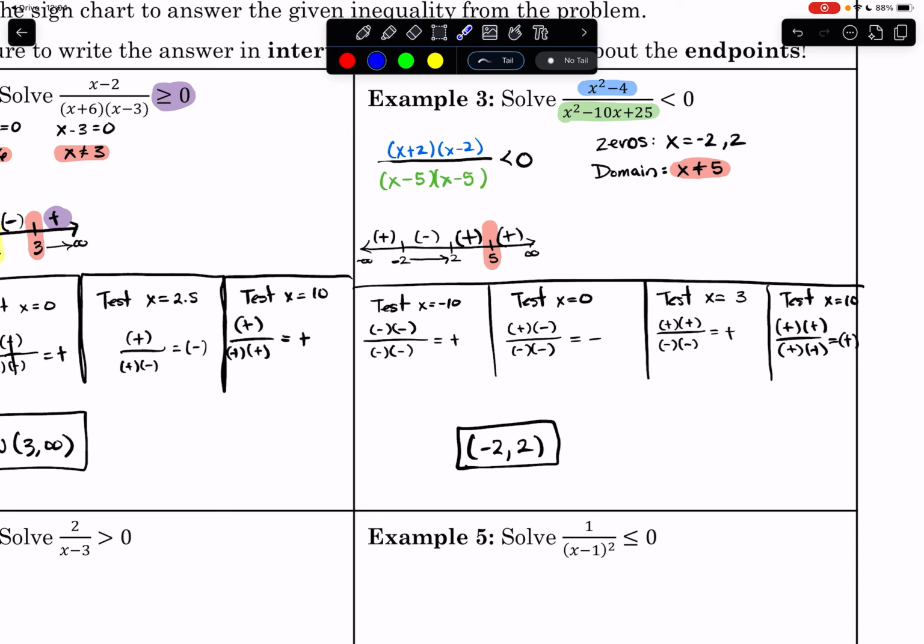Well, the reason why is that x cannot equal 5 a total of 2 times. The multiplicity of this number that gets excluded from the domain is an even number of times. So not only can x not equal 5, but it cannot equal 5 an even number of times.